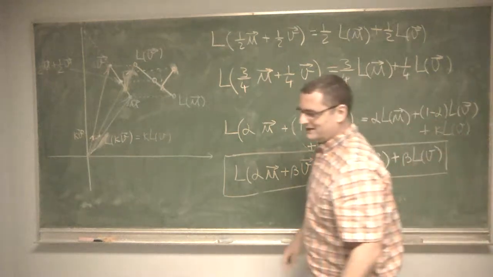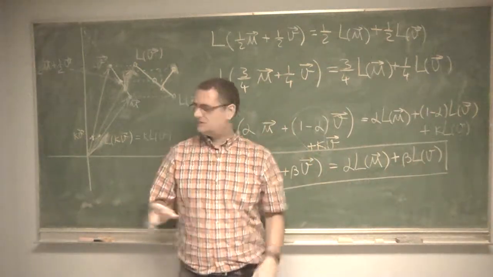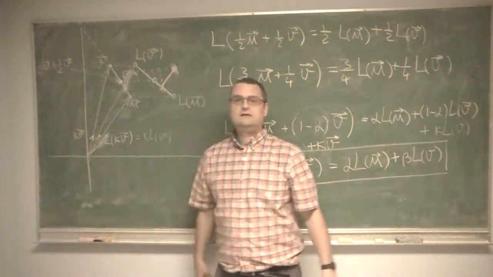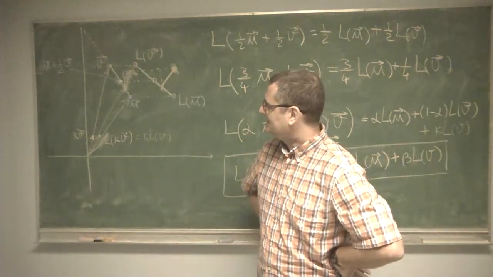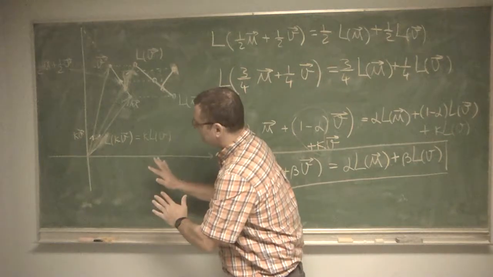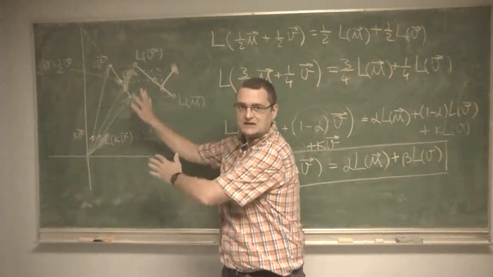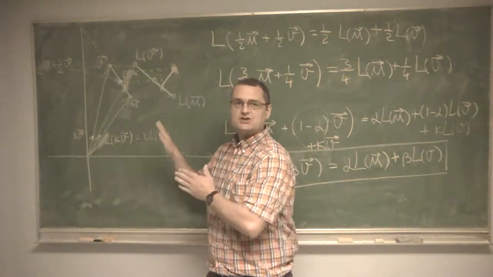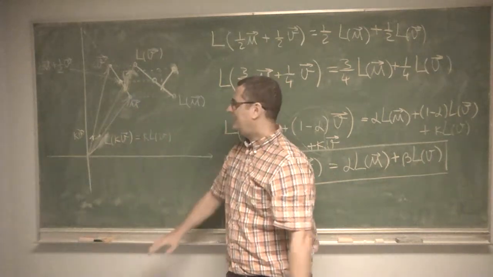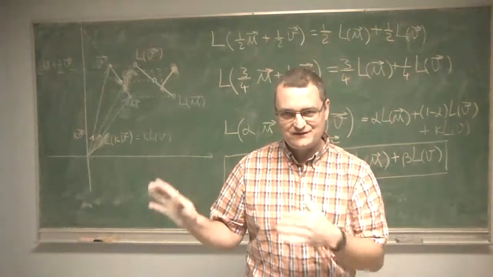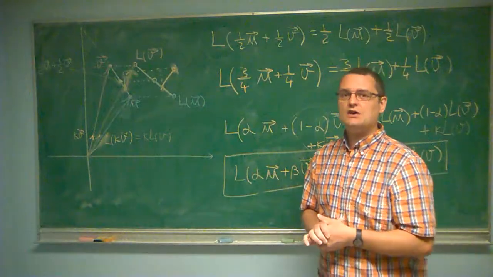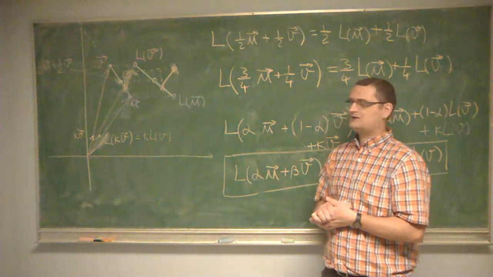And if you have a rotation about origin, that is going to be a linear transformation. But if you have a shift, that is a translation, all the points get shifted by some vector, and in particular the origin gets shifted, so the translation is not a linear transformation.